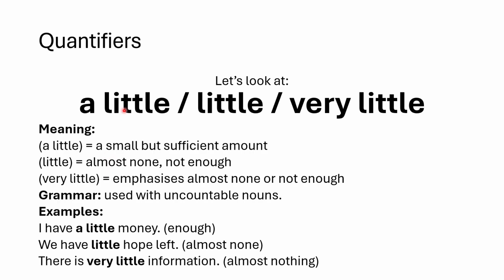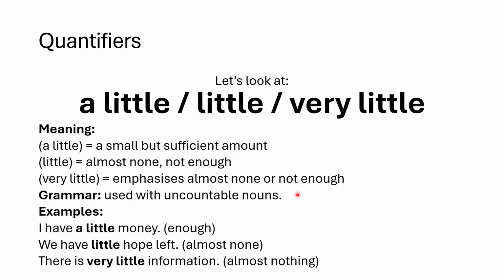Let's look at a little, little, and very little. A little means a small but sufficient amount. Little means almost none, not enough. And very little emphasises almost none or not enough.